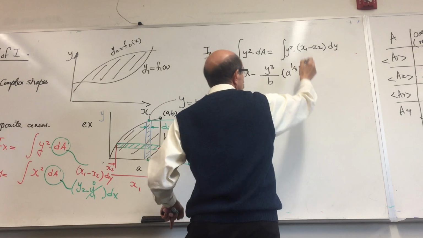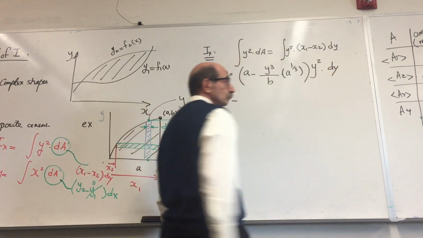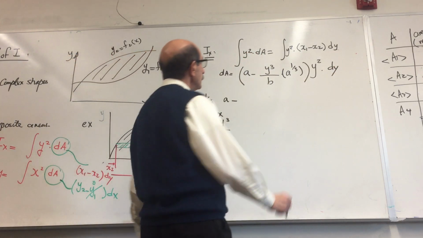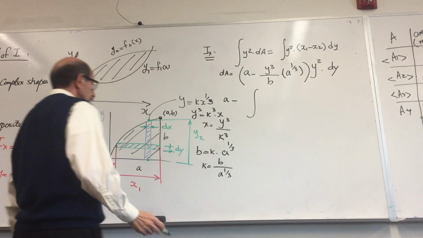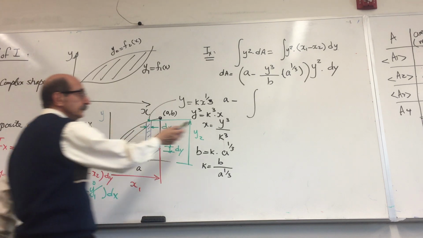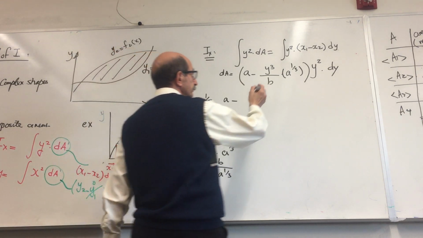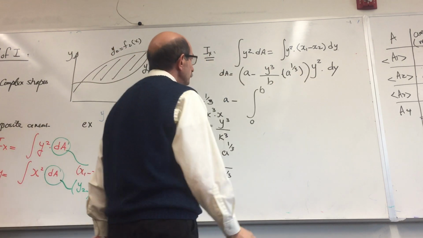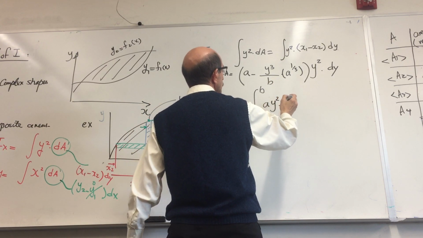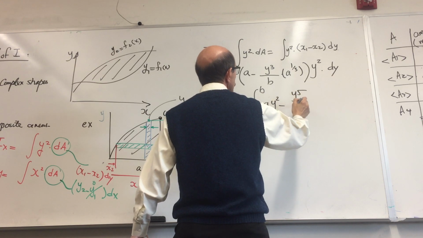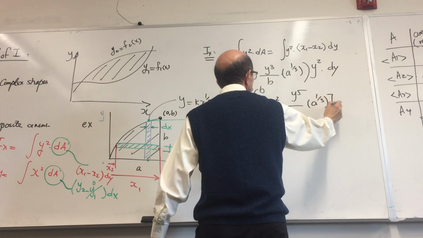Okay, that's x1 minus x2 times y squared dy. Simplify that, and you get the integral, where y changes from 0 all the way to b, so that's the bound of the integral. Multiplying these, you have a y squared minus y to the fifth divided by b times a to the 1/3, dy.